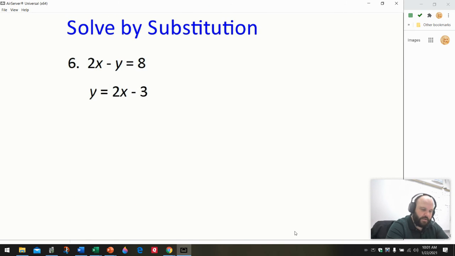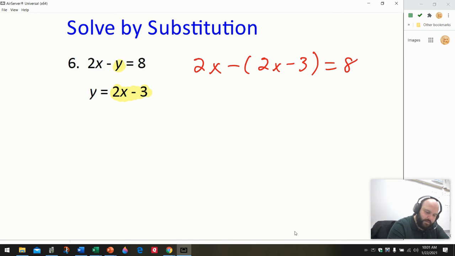Now, the last one we're going to take a look at is similar to the one before in that this is already solved for y. So we're going to put this 2x minus 3 right here in for x. So I'm going to have 2x and then minus 2x minus 3 equals 8. So I took this part, substituted it in for y right there. Now, we need to distribute this negative to both things.